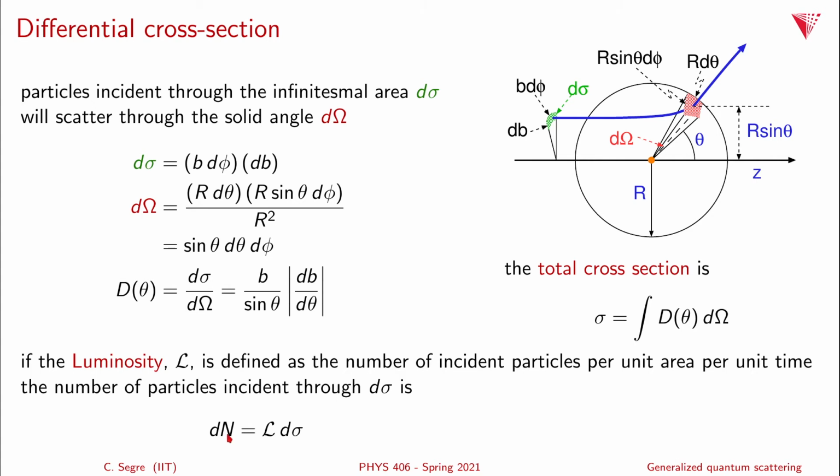So that gives you the number of total particles. We can then rewrite this in terms of the differential cross-section, which is the luminosity times D(θ) times dΩ. And therefore, we have another definition for the differential cross-section, which is equal to dN, the number of particles coming through a solid angle dΩ, divided by the luminosity.